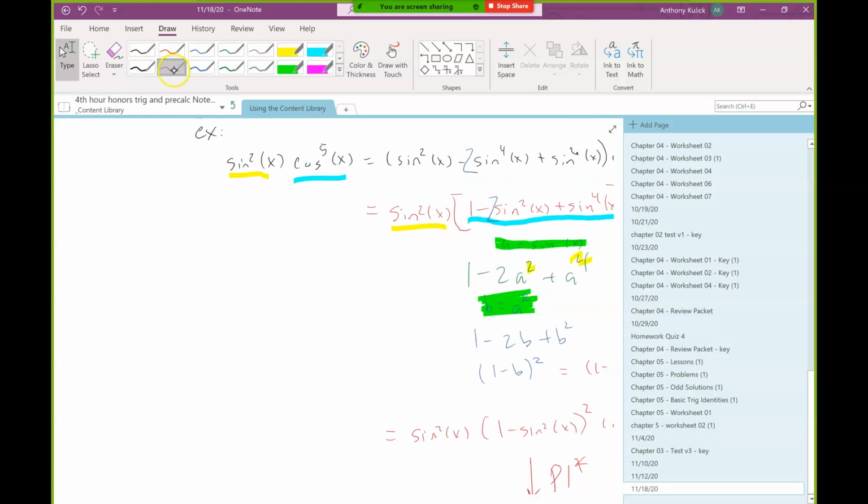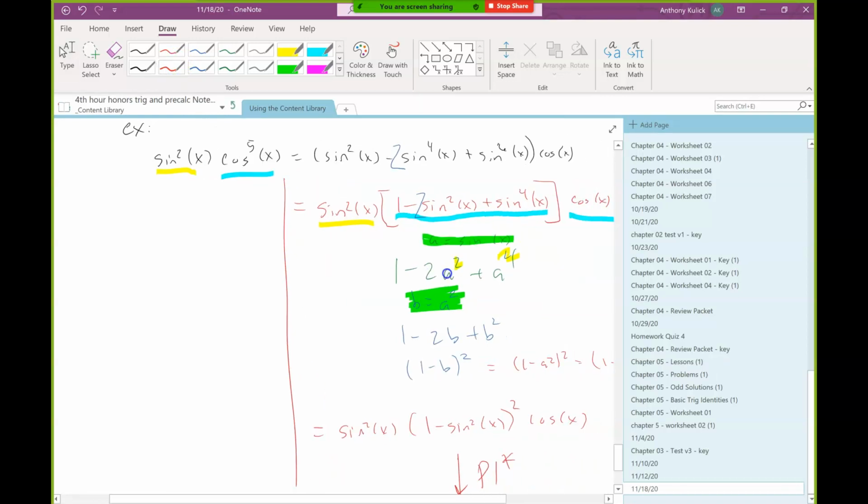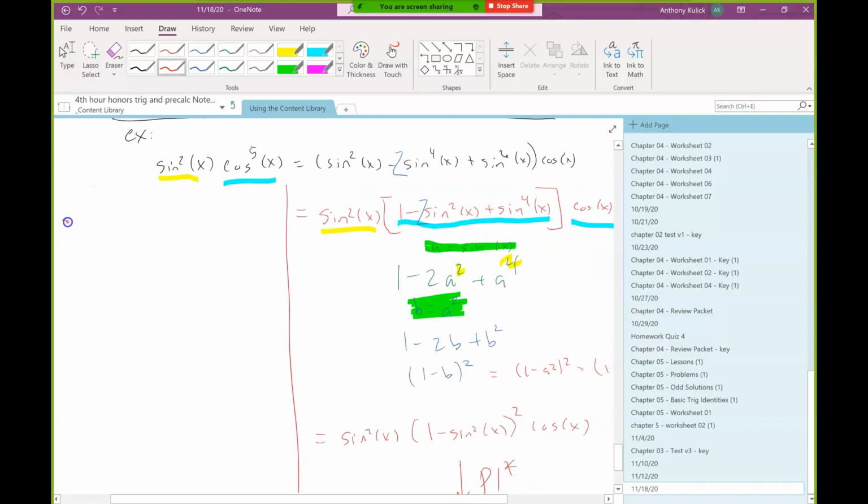Again, not a super obvious factor. What might have been easier in this case would have been working on the other side first. So just for grins, if we had chosen to do the other side, the first thing I would have noticed is, okay, I have a sine squared here, but I have only a 1 cosine over here. So this cosine to the 4th, for other 4 cosines, I'm going to separate off, because I know this part and this part now I've got.